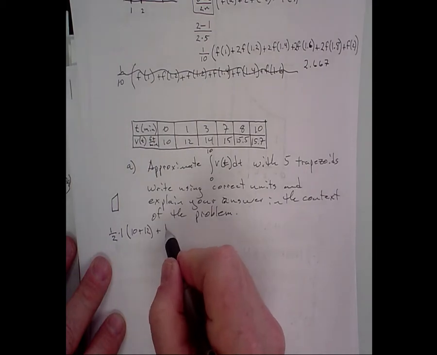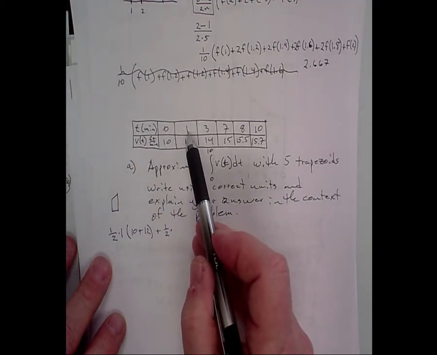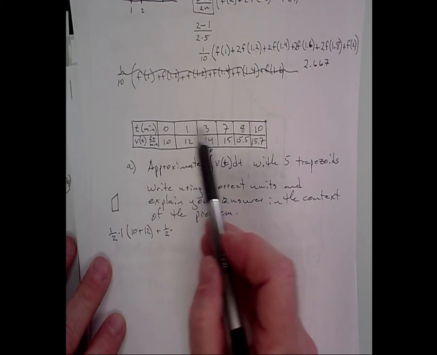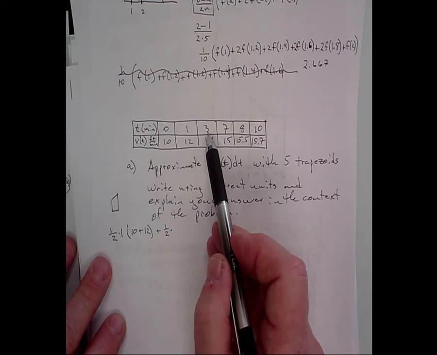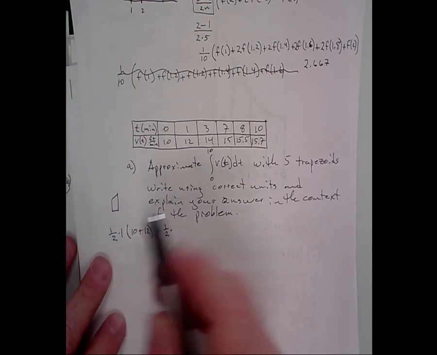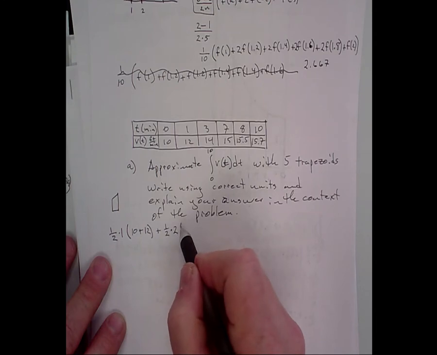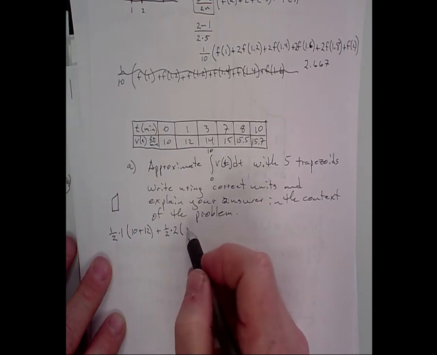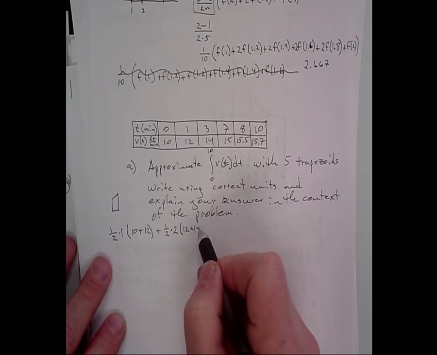Plus a half times. Well, now this is B1, and this is my A and this is my B, correct? So what's this distance on my trapezoid? 2 times. Well, it's going to be 12 plus what? 14.